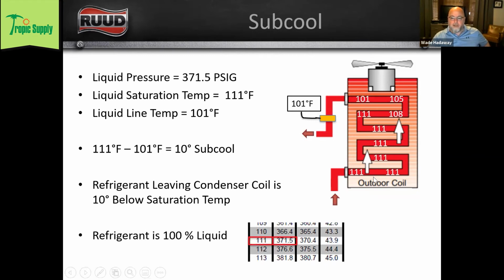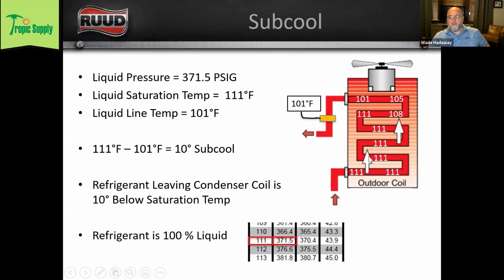I think I might have glossed over this on my evaporator slide, but if you look here at the condenser coil, you can see that I've got temperature readings all the way through this run. And yes, this is a very simplified coil. We come into our coil at 111 degrees, and this whole time we're changing the state of the refrigerant.